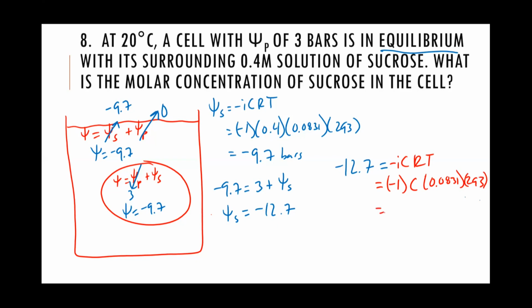And so negative 12.7 is equal to negative 24.3 C. And so C then equals approximately 0.52, I believe. So 0.52 molar, and there's our final answer of the concentration of solute inside the cell.